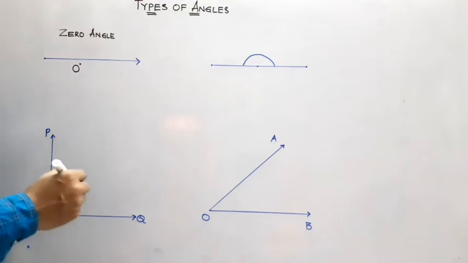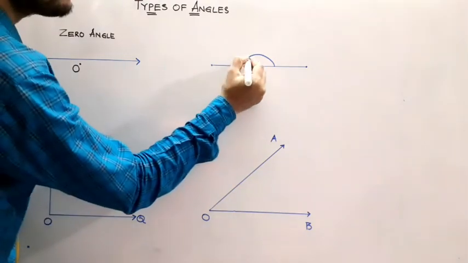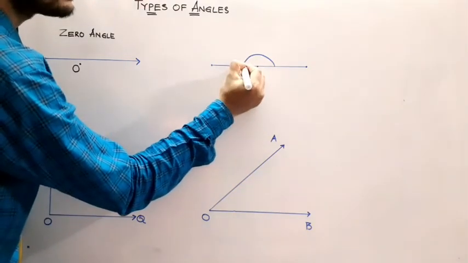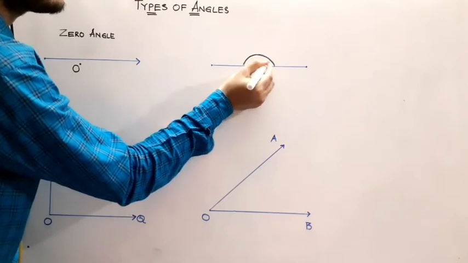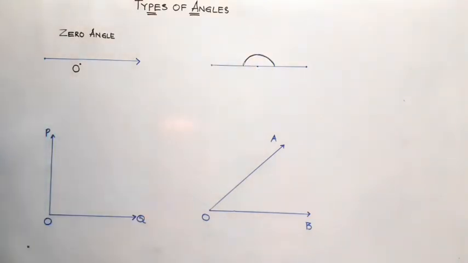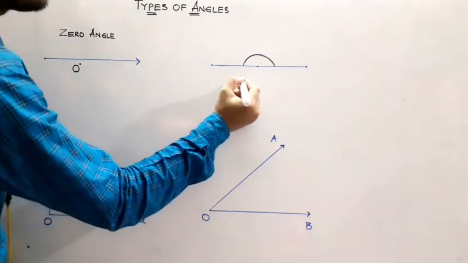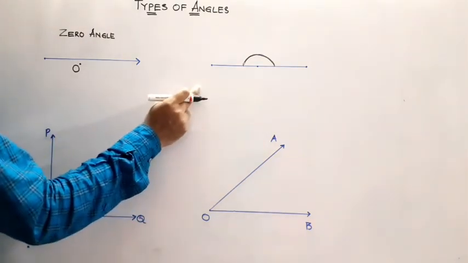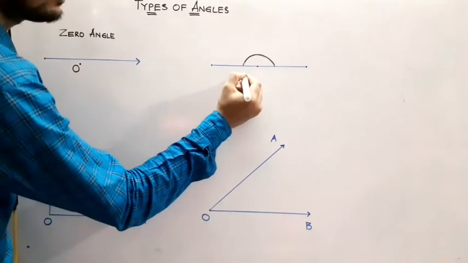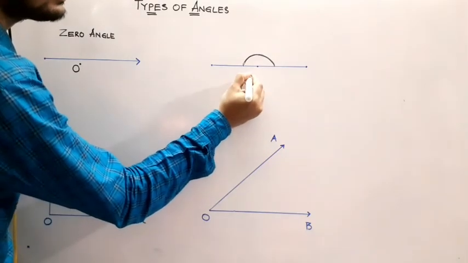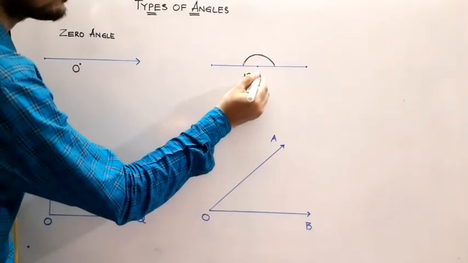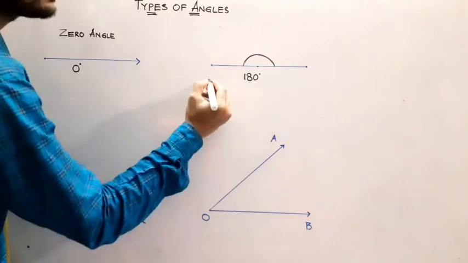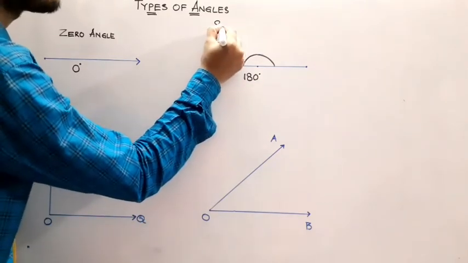Now, if we see the shape of a protractor, it will come up like this, like a semicircle. So if the angle measure or the degree of an angle is 180 degrees, we call such angles straight angles.